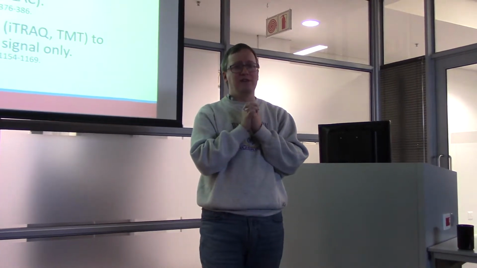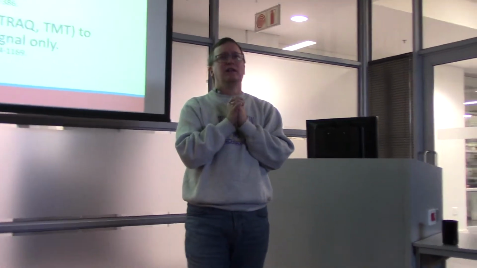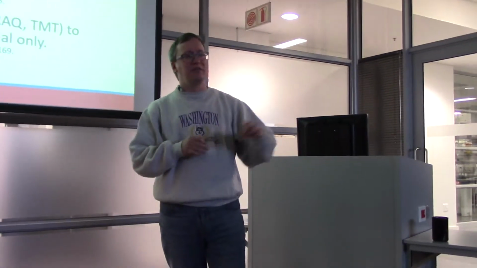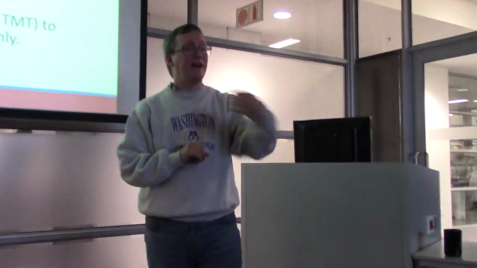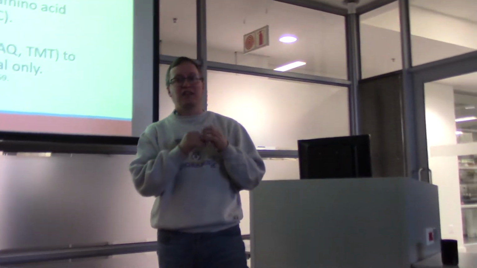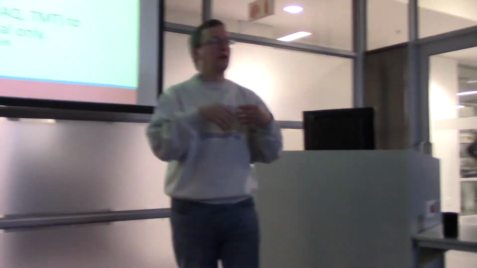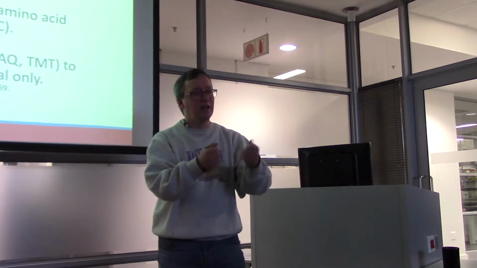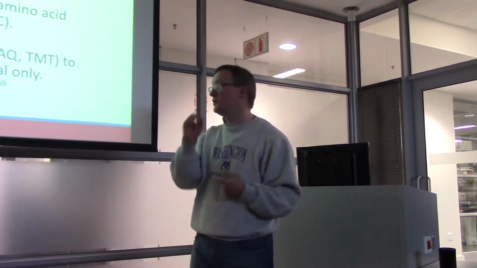So if you have a cell line that is only able to take its lysine and arginine from the environment it's growing in, you can provide it these amino acids so that all of their lysines and all of their arginines carry an extra neutron or two.